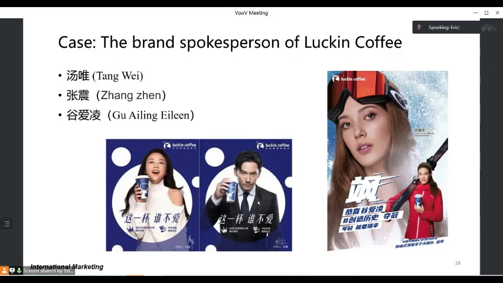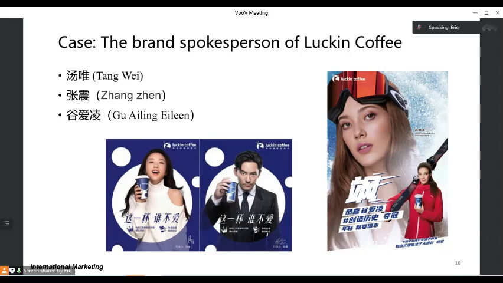The first target of Luckin Coffee was office white-collar workers, and the target consumers were aged about 20 to 30 to 40.